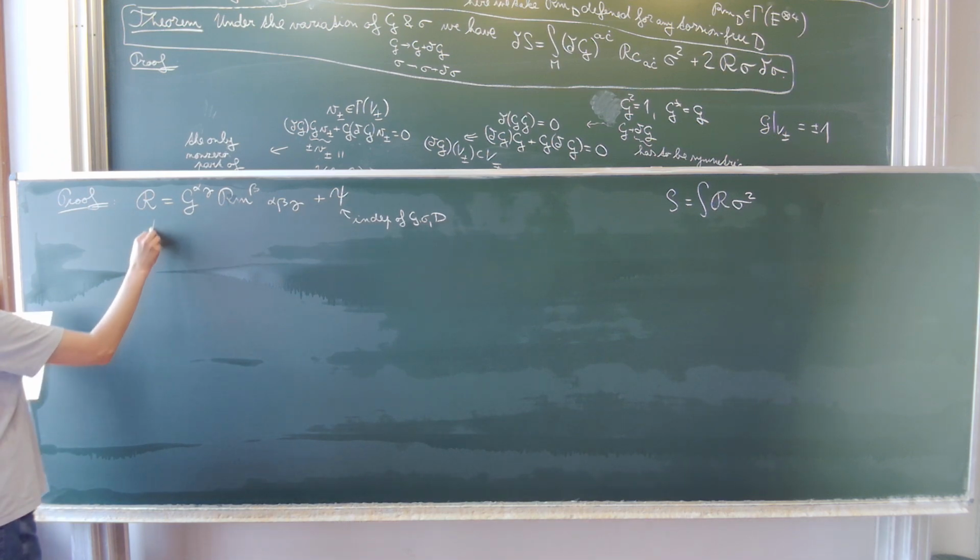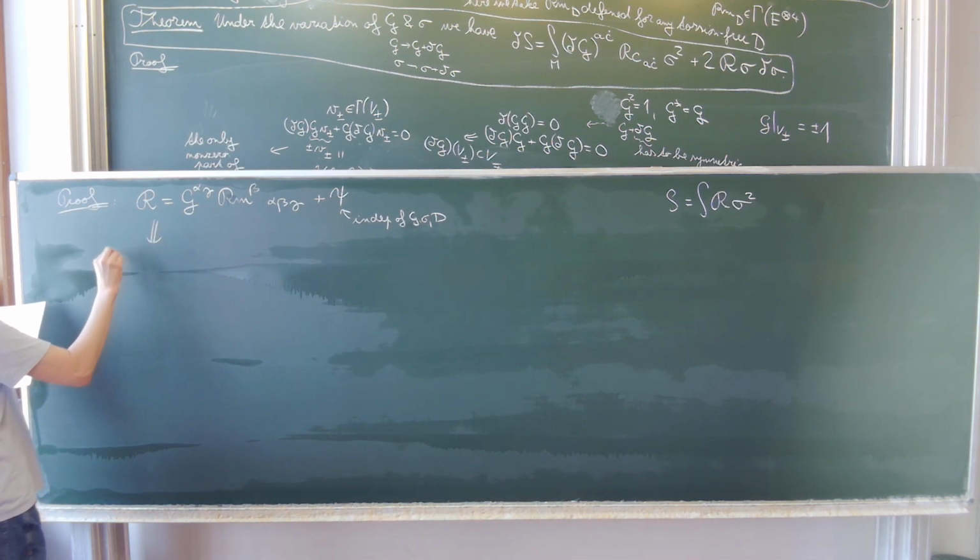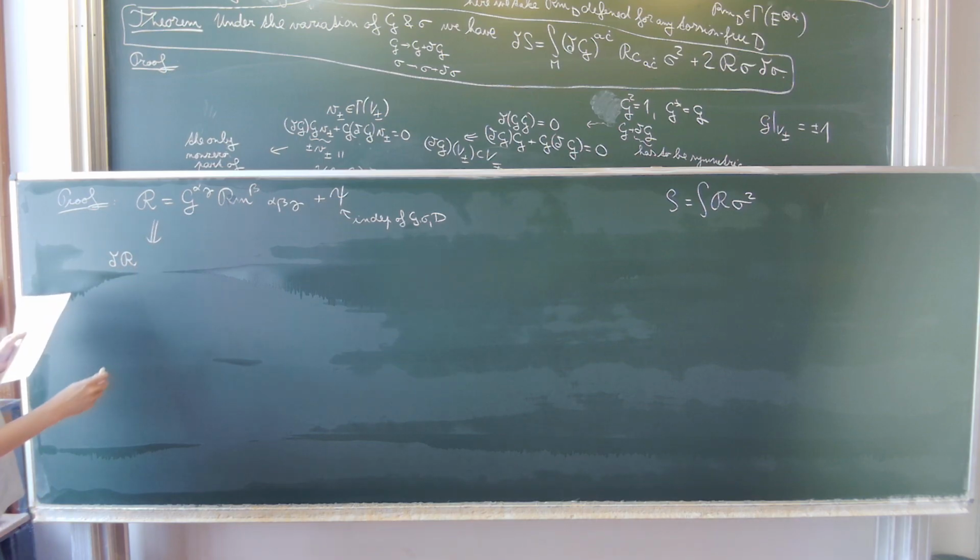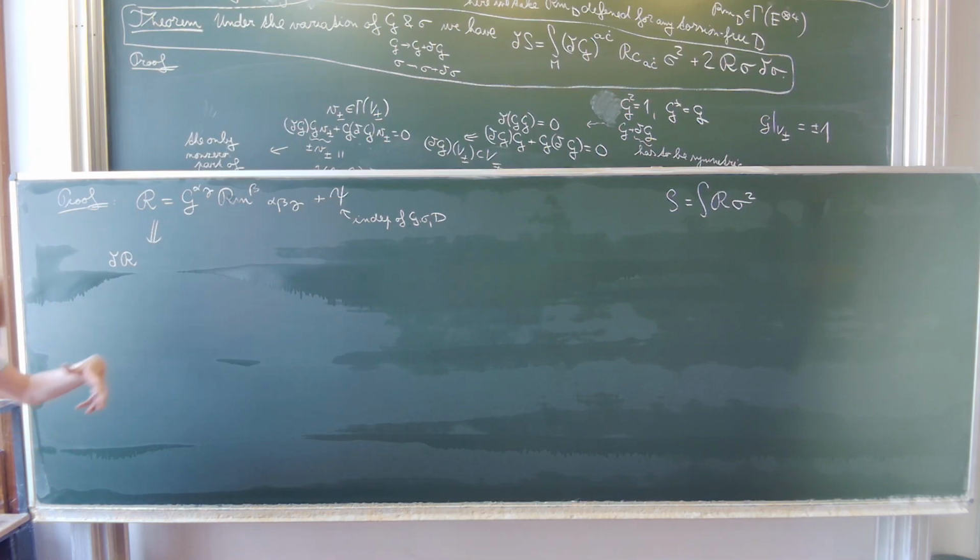Okay, so what happens now if we vary the scalar curvature? In ordinary geometry, you vary scalar curvature by varying your metric. That induces some change in the connection, and then you use the Palatini identity or whatever to see how the curvature is going to change.